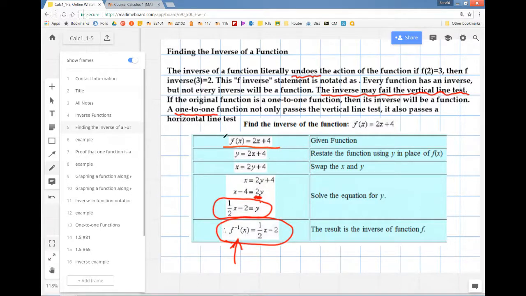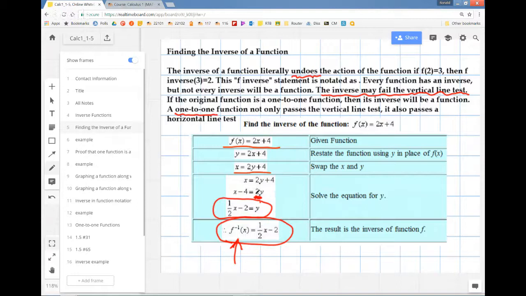First, change the f of x to a y, and then literally interchange the x and the y, swap them. So right here, we've got the same equation with the x and y reversed: x equals 2y plus 4. Then solve for the new y, which I did down in here.